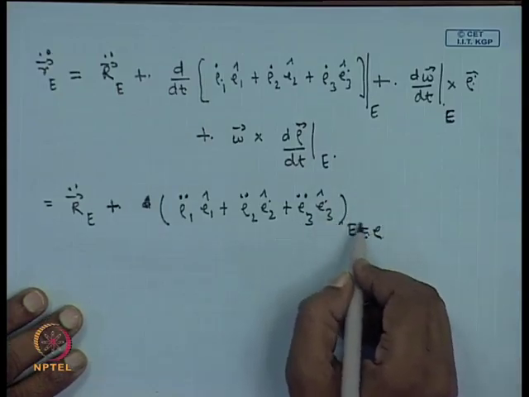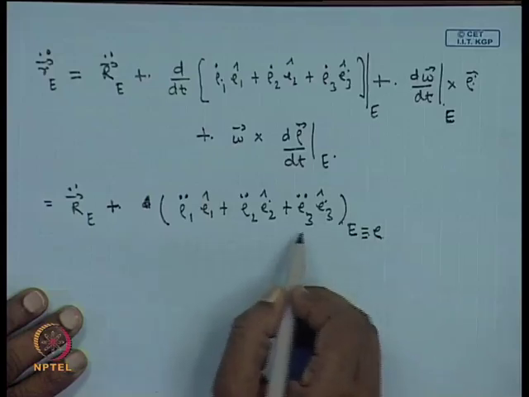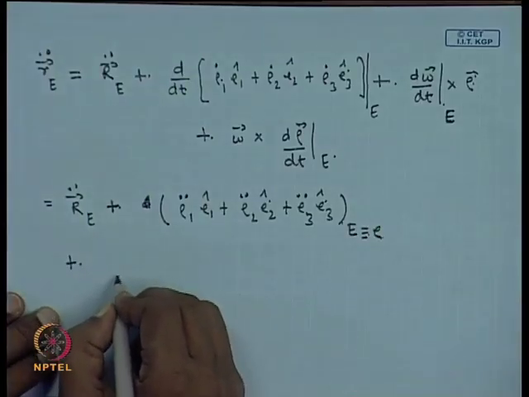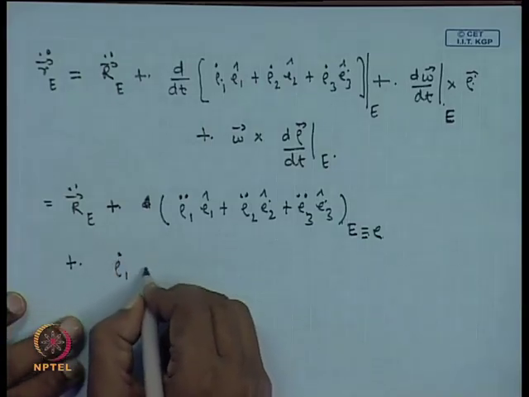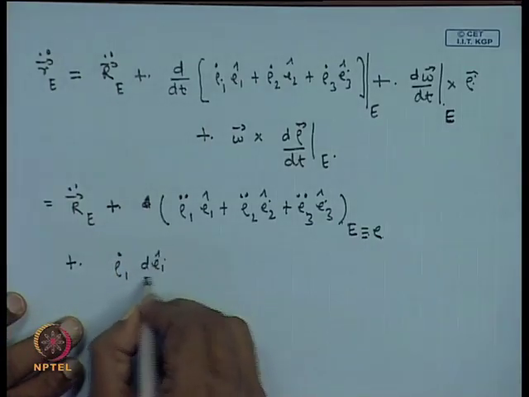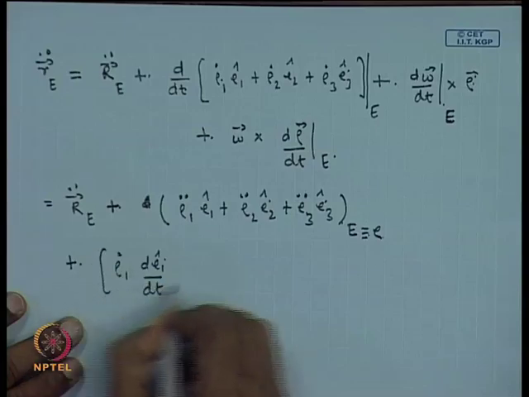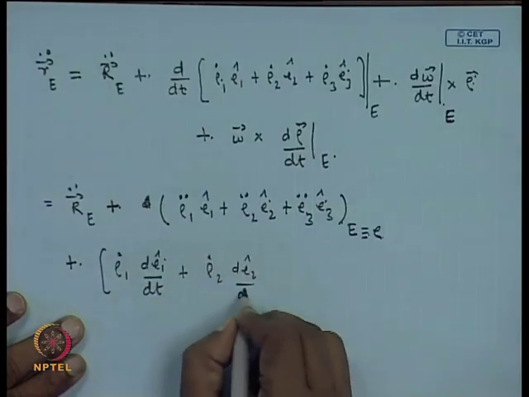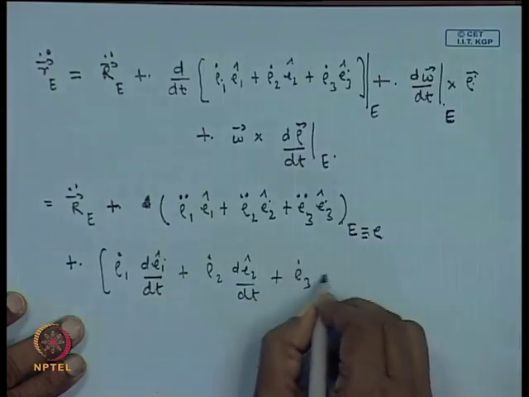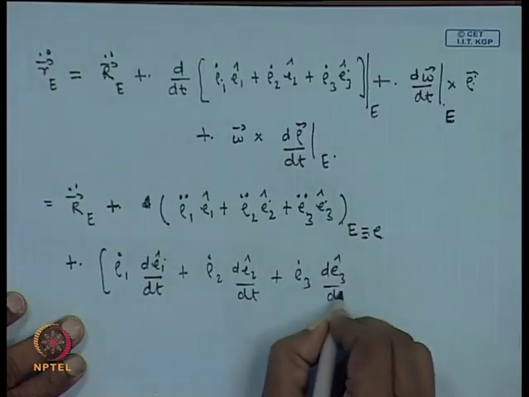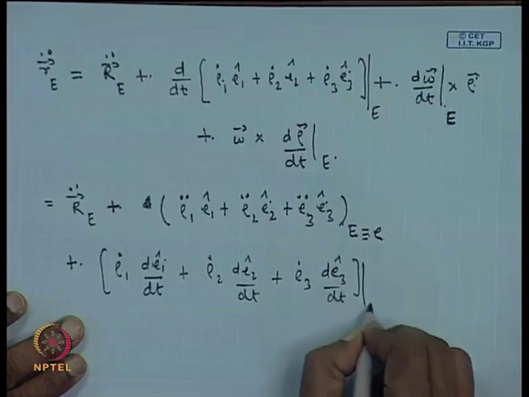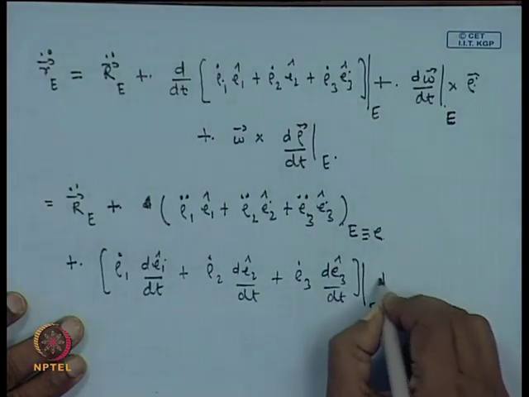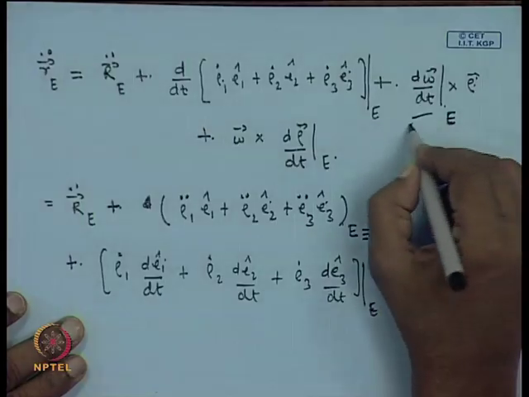Exactly as we did for the A vector, we are doing the same operation here, and the other part of this can be written as rho 1 dot times d e1 cap by dt plus rho 2 dot times d e2 cap by dt plus rho 3 dot d e3 cap by dt, and this is with respect to the capital E reference frame.